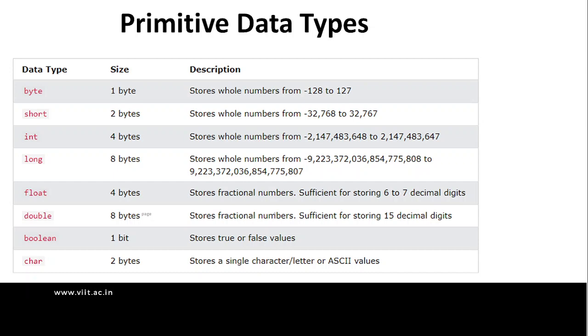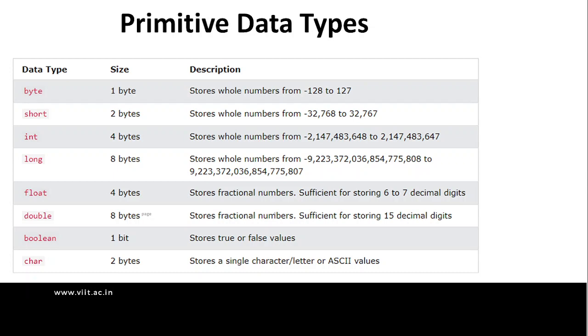Short takes 2 bytes and stores whole numbers from -32,768 to 32,767, nearly 64,000 numbers. Instead of integer, for general purpose where millions and billions of records are not there, you can go with short.